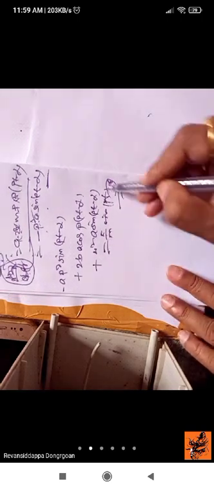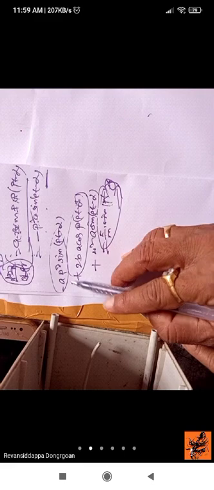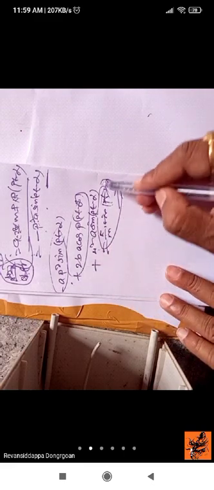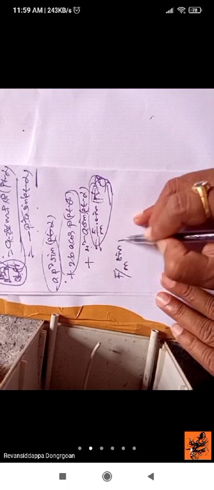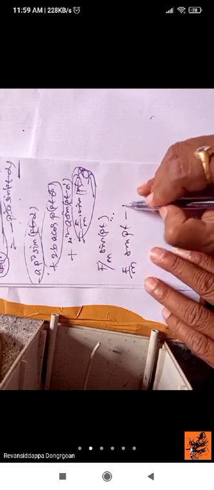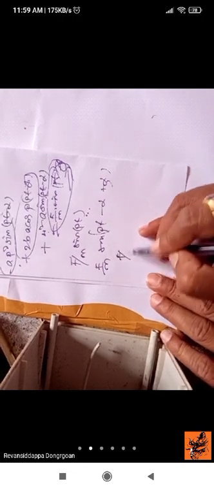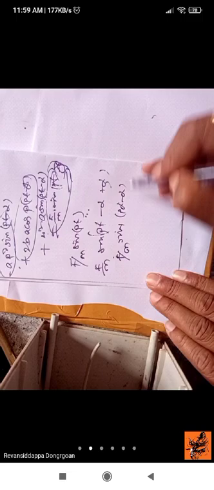There are the left-hand side and the right-hand side. The right-hand side value F by m sin of pt can be written as F by m sin of (pt minus alpha plus alpha).